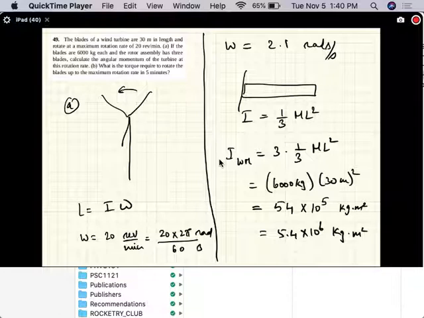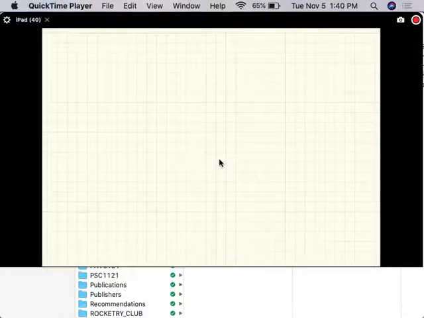All right, so now we calculate L. Let's go to a new page. L is I omega.